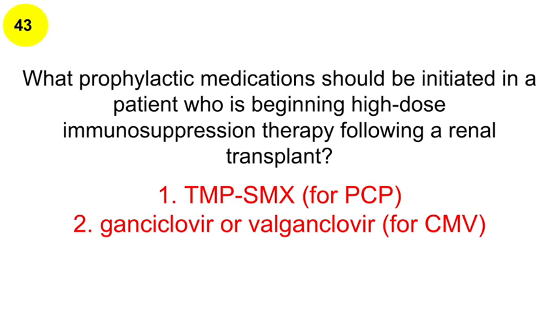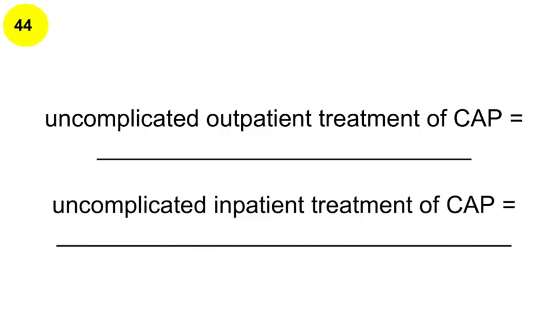How would you treat these conditions? Uncomplicated outpatient treatment of community-acquired pneumonia and uncomplicated inpatient treatment of community-acquired pneumonia. Like, which antibiotics would you give these patients?